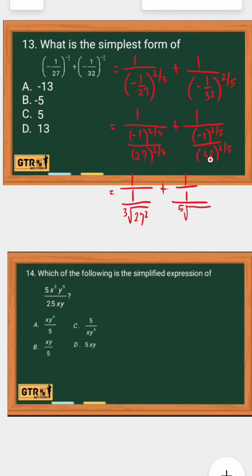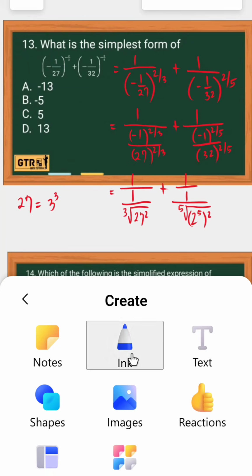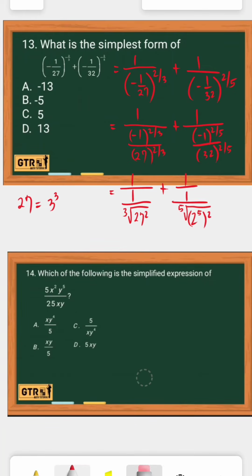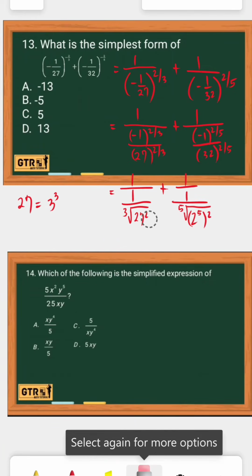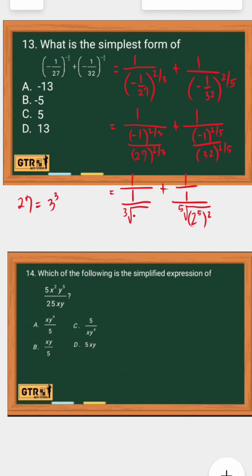So 32 pwede nating isulat yan as 2 to the fifth, and then may square pa. So ganun din, ang 27 pwede nating isulat as 3 raised to 3. Okay, so 27 is equivalent to 3 raised to 3. So burahin na natin, palitan natin. So gawin natin itong 3 cubed tapos naka-square pa siya. Okay, so dahil 27, that is equal to 3 cubed.